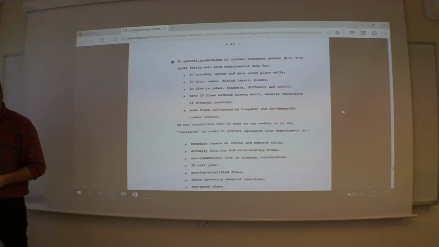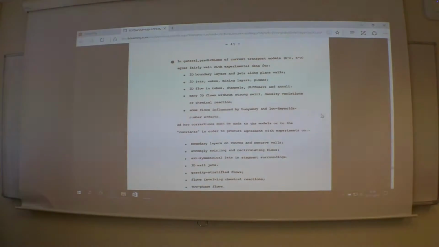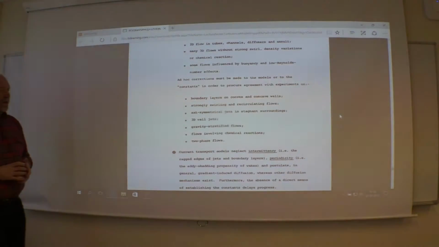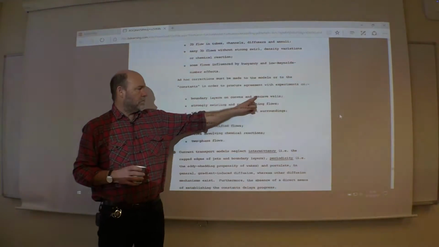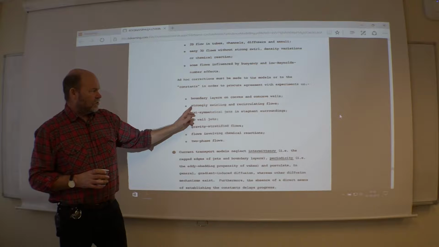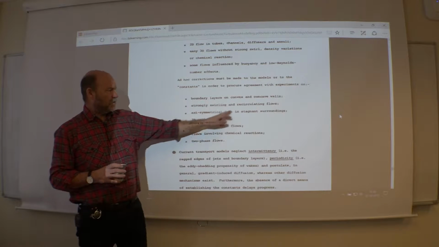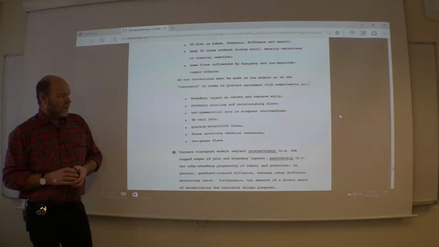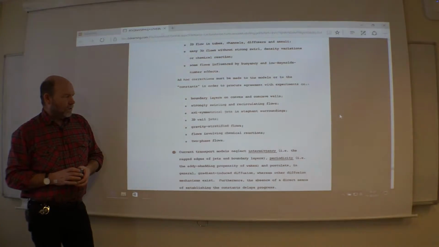What they don't like: convex, concave walls. They really don't like it. Strongly swirling, strong recirculation zones. They don't like it at all. Rotating flows, of course.